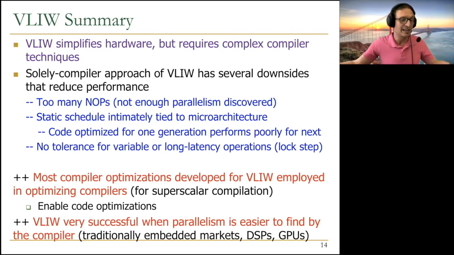It's highly parallel, clearly, and you can do VLIW on it relatively easily. But if you're doing general purpose computation on a GPU, now maybe VLIW doesn't make sense. As a result, some companies that used to use VLIW in their internal shader cores, for example, in their GPUs, had to move to some other techniques that are less VLIW, let's say. We'll talk about GPUs in the next lecture. Okay, so that's a big summary.